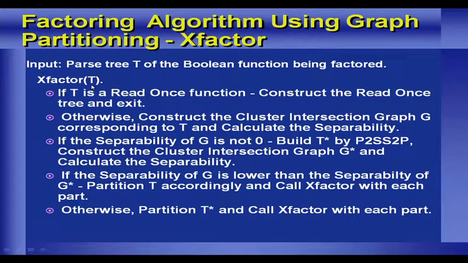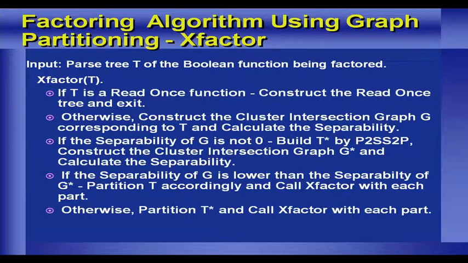And our algorithm works on that input function, or its tree, and it checks, is this tree a read once function? Is my function a read once function? If it is, voila, I lucked out. I construct the read once tree, and I can exit. That is, if it's a read once function, I have a stopping condition.